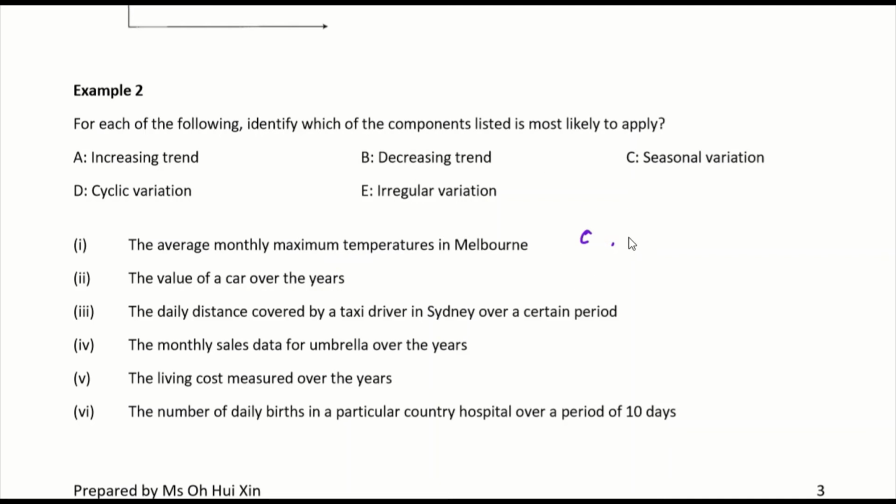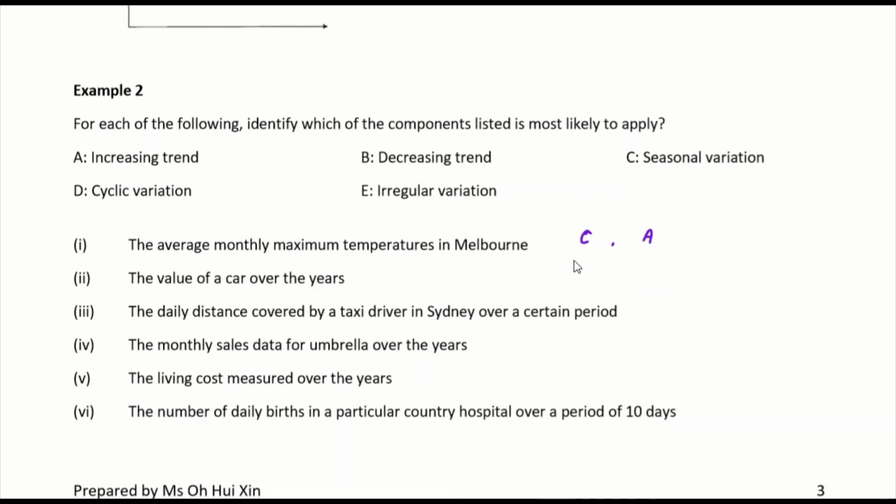So that's why in the long term, it will give you an increasing trend as well. Okay, so don't worry about whether you can think of whether trend applies or not, because in the real exam, normally you will be given a set of data that you try to analyze. You won't be given a situation and asked to guess, basically. Okay, so this is just for your understanding only.